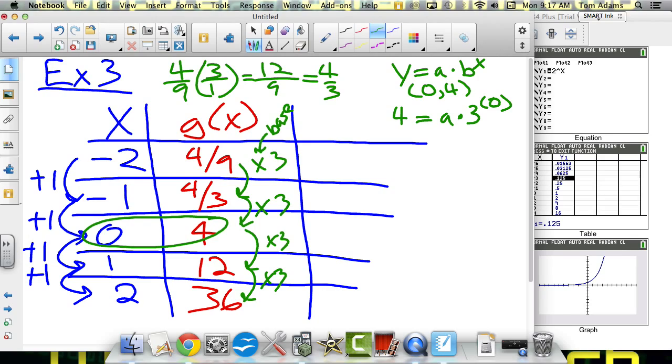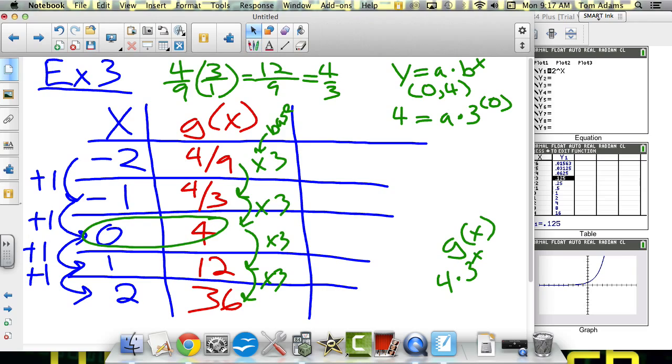What's the a value? 4. So this particular function, g of x, is equal to 4 times 3 raised to the x. Does that make sense, how I did that? I'll show you how to verify that on the calculator in a second.